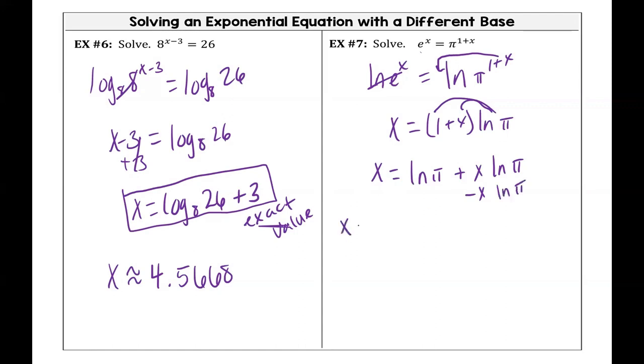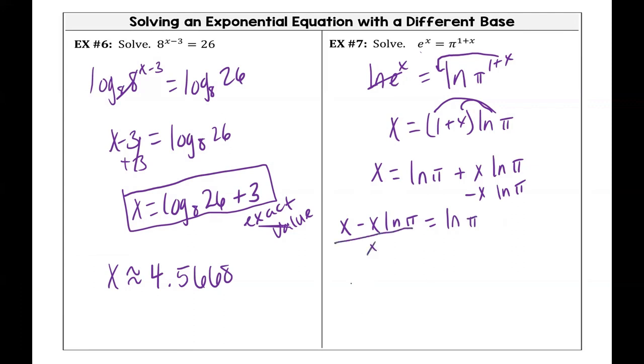So I'm left with x minus x natural log of pi equals natural log of pi. I'm going to factor out the x.